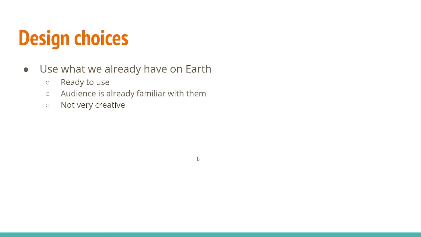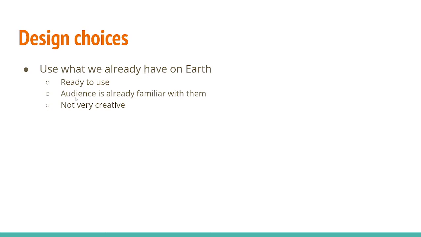Now, the first one and the easiest one is, we use what we already have on Earth. So the world will have horses and rabbits and pine trees, anything you see on Earth. And this is because it's easy, it's ready to use, so you don't have to invent a whole bunch of stuff just to make it interesting.